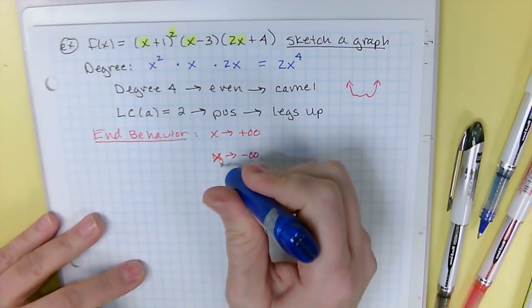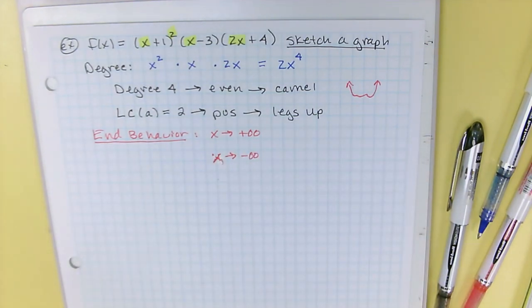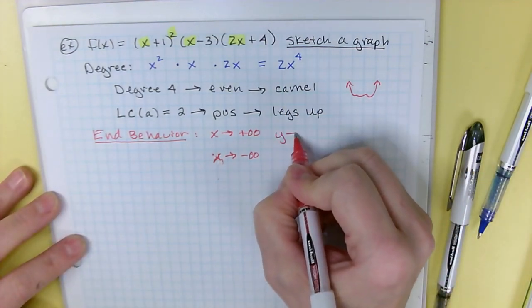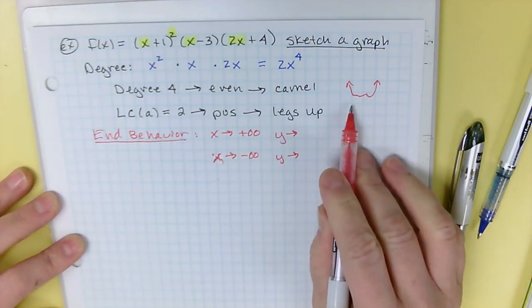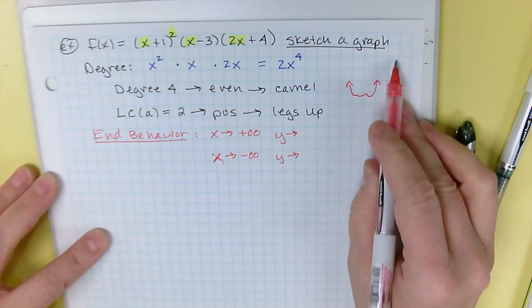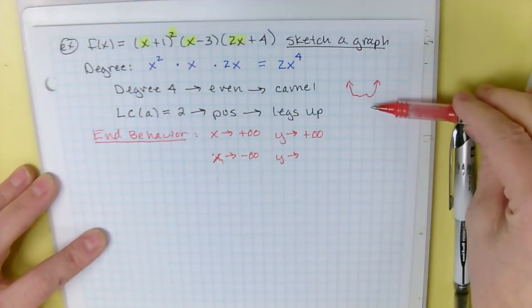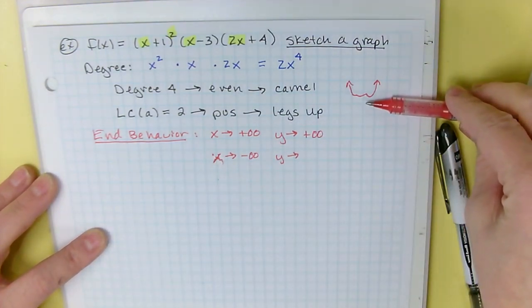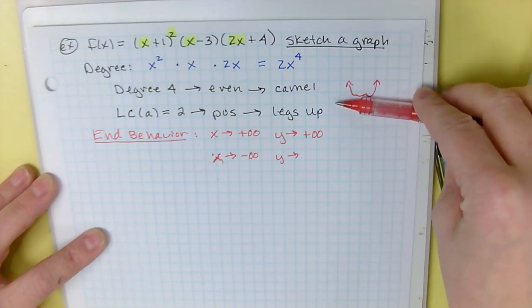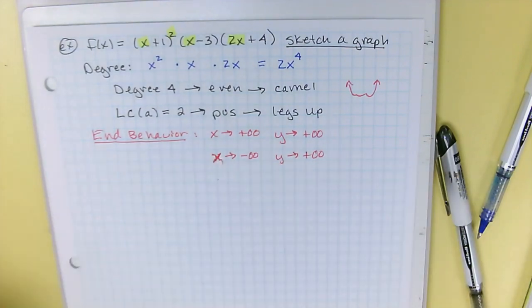The right-hand side is x going to the right, and the left-hand side is x going to the left. And then you just say what the y's are doing in each case. Looking at my little mini sketch, as x goes to positive infinity, the y's are shooting up, so y approaches positive infinity. As x goes to negative infinity, as it goes left, the y's are also shooting up to positive infinity. So that would be your end behavior.